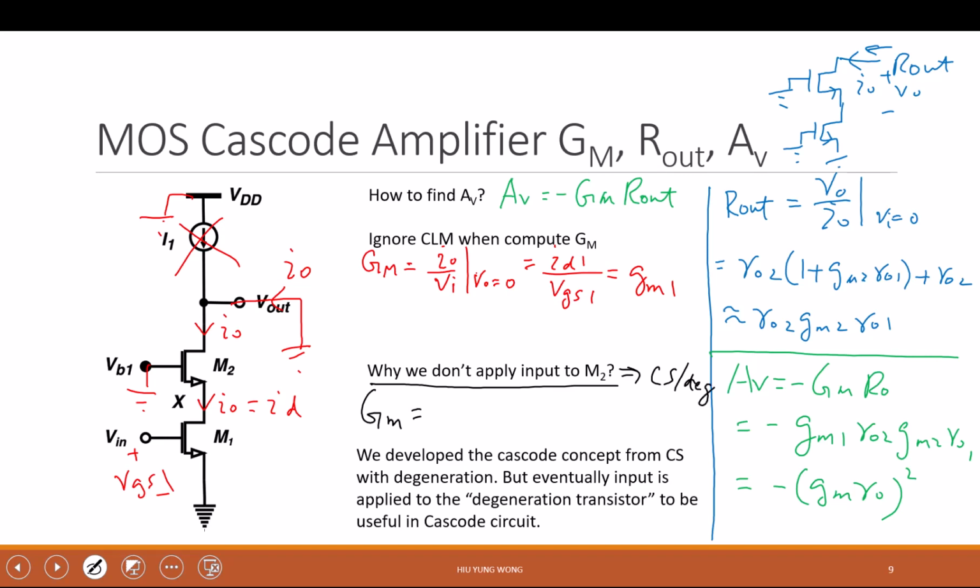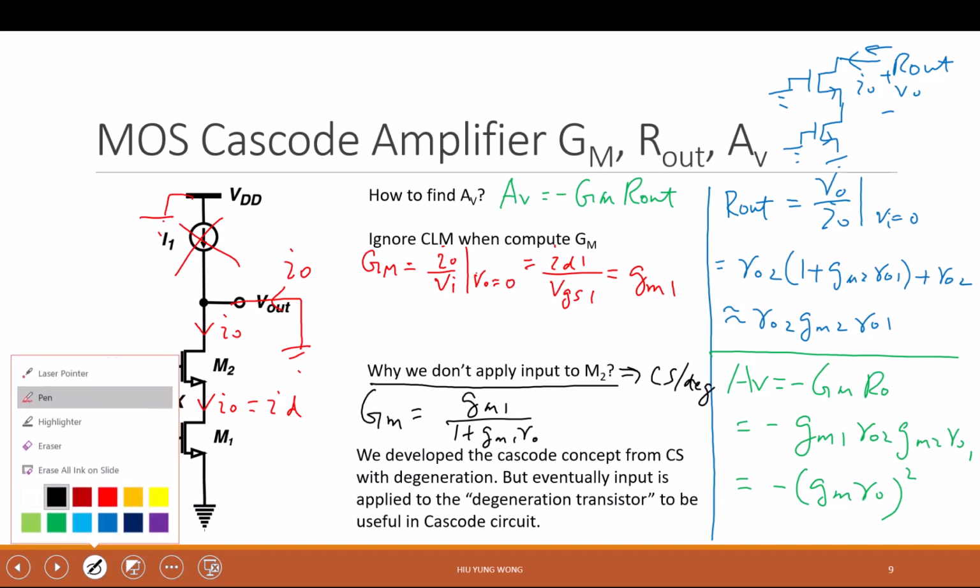With degeneration. The GM becomes GM1 divided by 1 plus GM1 RO. Not GM1, I mean GM2.